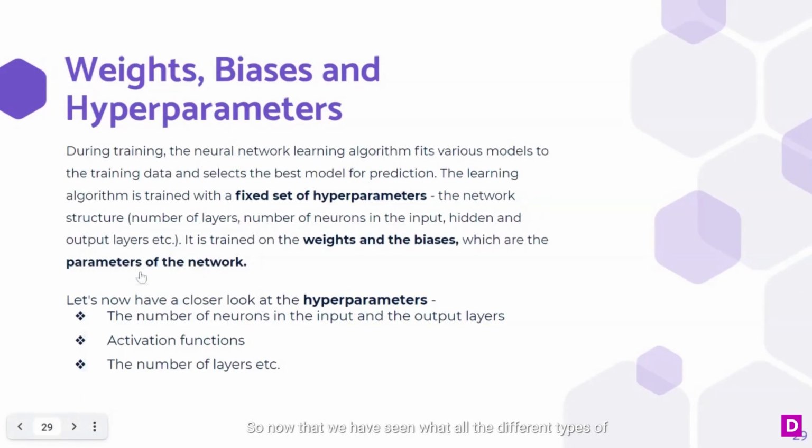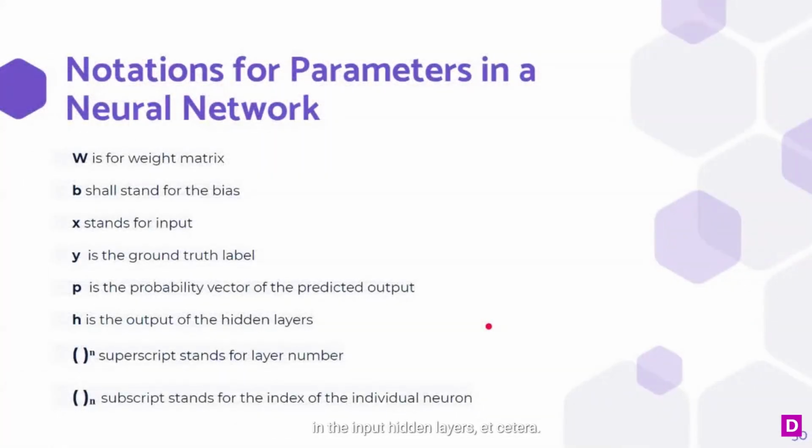So now that we have seen all the different types of parameters and hyperparameters present in a given neural network, so we have weights, biases, and hyperparameters such as the number of layers, the number of neurons in the input and hidden layers, etc. Now it's time to follow a certain representation for denoting those parameters.